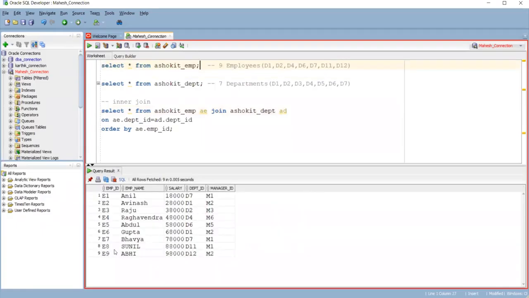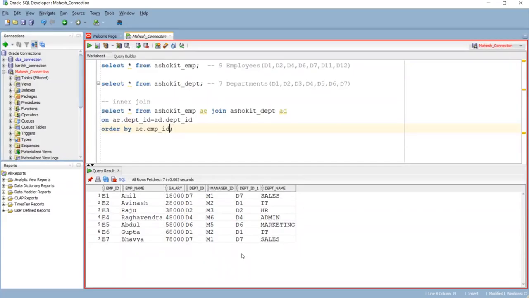Because E8 and E9 employees are bound with department 11 and department 12. So are those records matched in the table? Are those records there in the department table? Come on, guys. E8 and E9 employees are connected with the D11 and D12 departments, which do not exist in the department table. That's why the two employees are excluded from our results, sir.